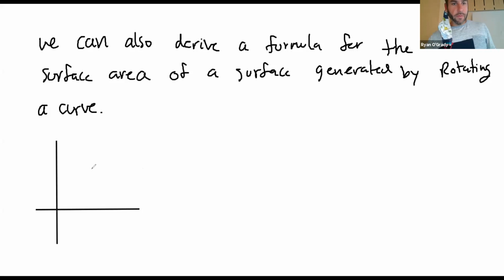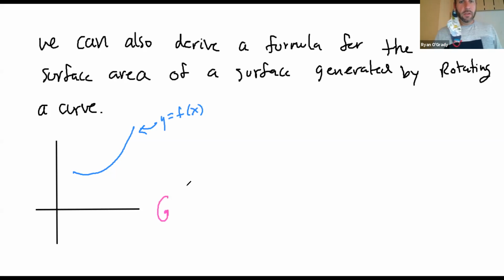If I took some function, say I'm just looking at this piece, say it's y equals f of x. And if I rotate this curve, you could rotate the region, but if you just rotate the curve, we end up getting some surface.